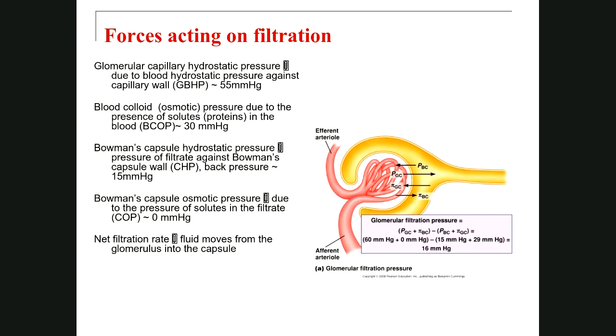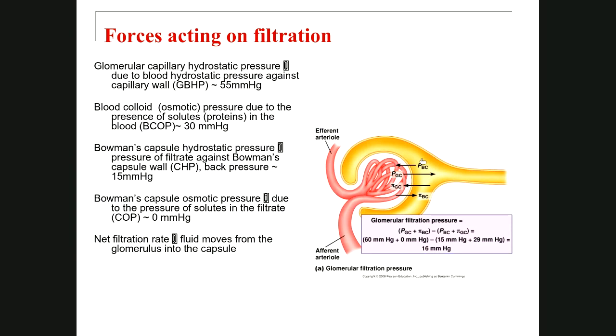In this picture, you can see the different pressures which we have in this renal corpuscle. You know about all of these pressures from the blood vessel chapter, but I want to talk about all of them for you. The first pressure is called glomerular blood hydrostatic pressure.